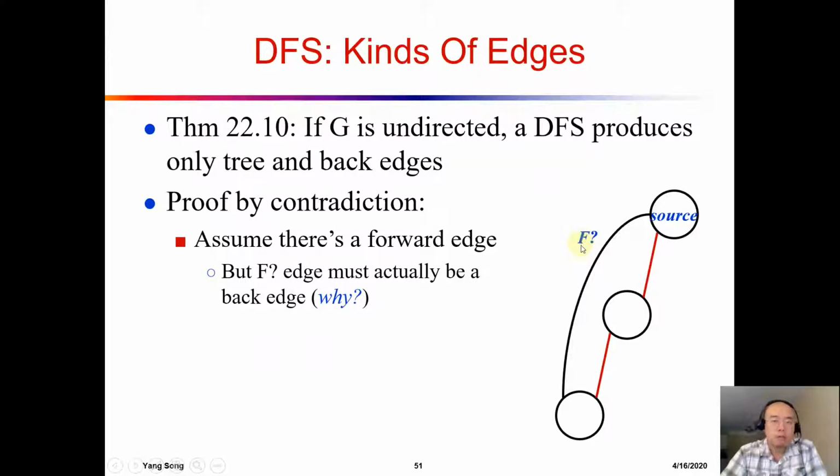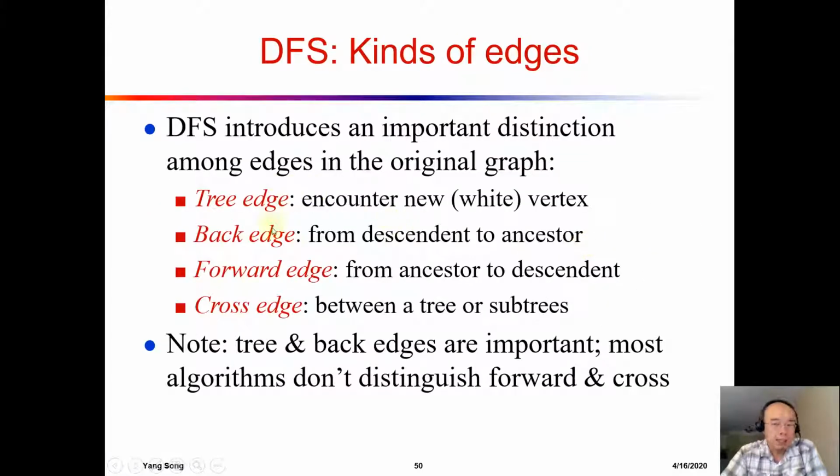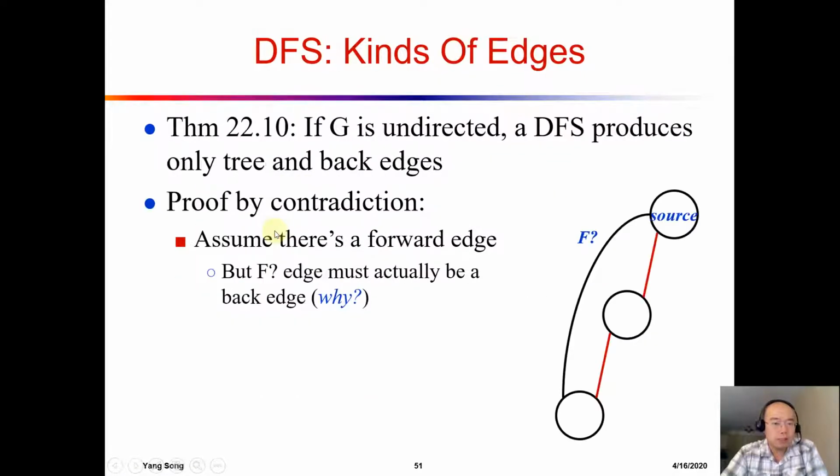No, because we will take that as a back edge. So the theorem says there shouldn't be any forward edge or cross edge if you're doing DFS in an undirected graph. We want to give a counterexample, but we failed because this won't be taken as a forward edge. It will be taken as a back edge.